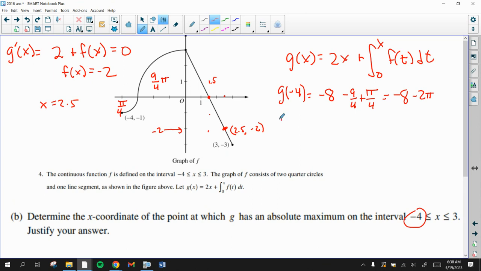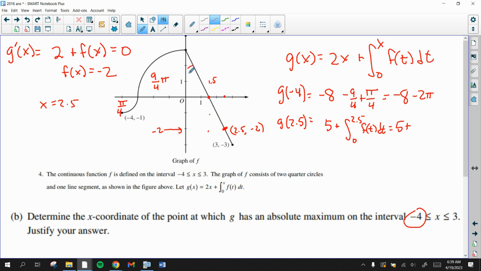Now we're going to do the critical number. Do the same thing. Plug in 2.5 for x. So 2 times 2.5 is 5, plus the integral from 0 to 2.5 of f of t. So 5 plus, now we're going from 0 to right here.